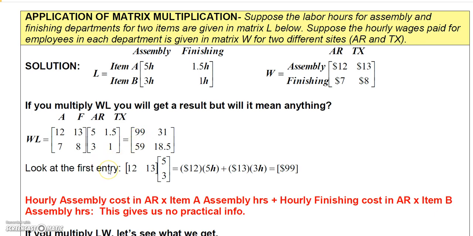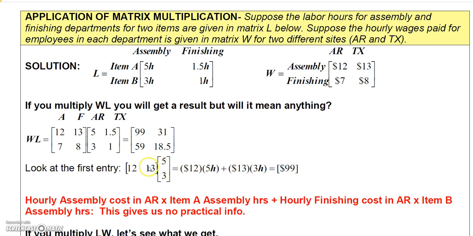To get that first entry we would take the $12 an hour given here for the assembly department, and multiply it by the 5 hours for item A in assembly. That would give me $60 to assemble item A in Arkansas.